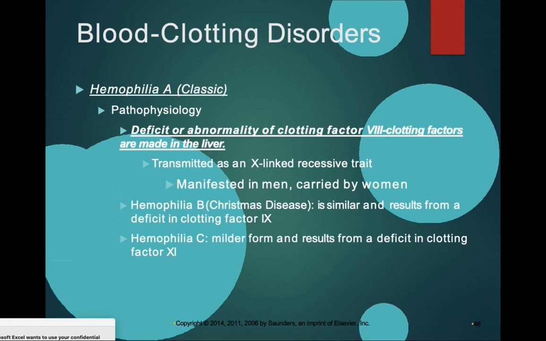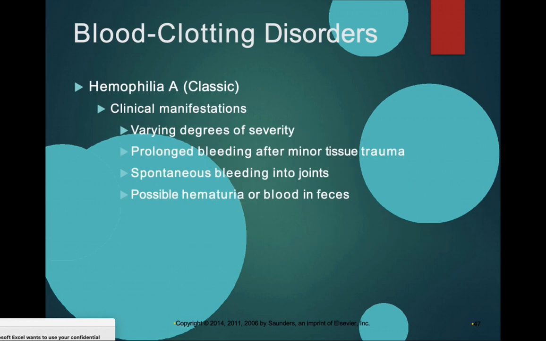It is similar, and it results from a deficit in clotting factor 9. And then hemophilia C is a milder form and results from a deficit in clotting factor 11. But the biggie here that I'd like for you to know is hemophilia A, which is a deficit or abnormality in clotting factor 8, and that clotting factor is made in the liver.